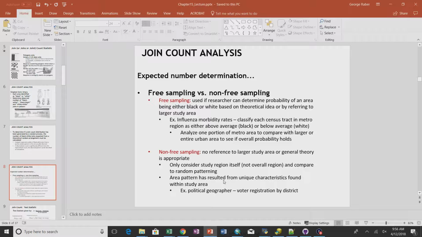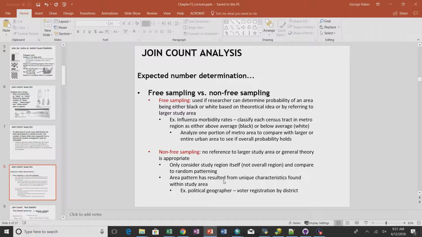You've got no reference to a larger area, then you use the general theory. So, in the example we gave with the United States elections, for any given election, you don't have any assumption as to what proportion of people should vote a certain way, and so you would just use the non-free sampling technique. And the math is slightly different for each.